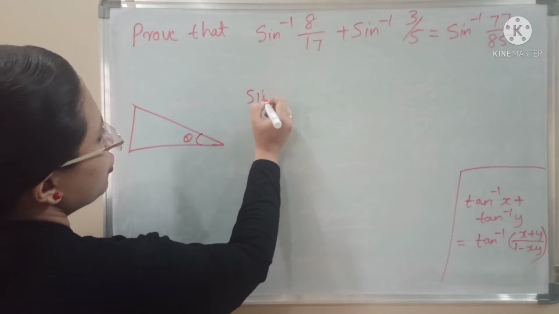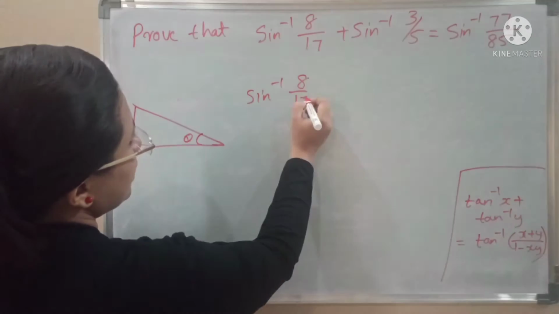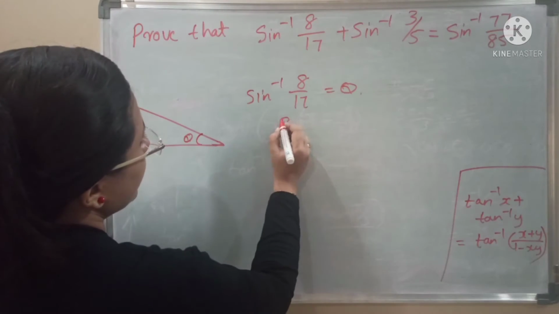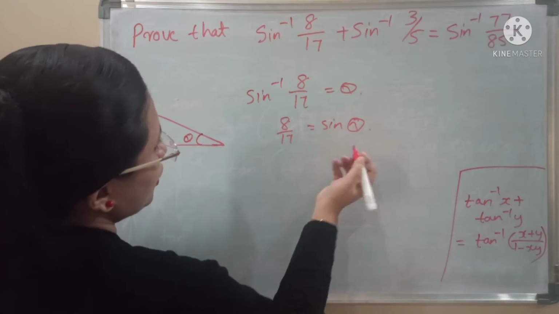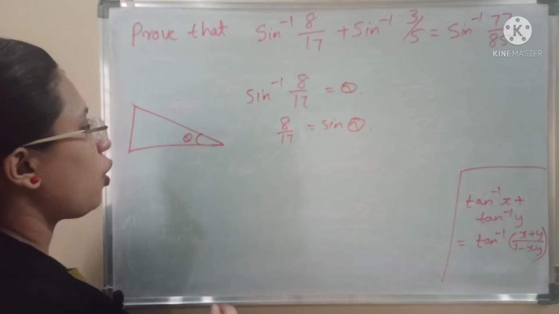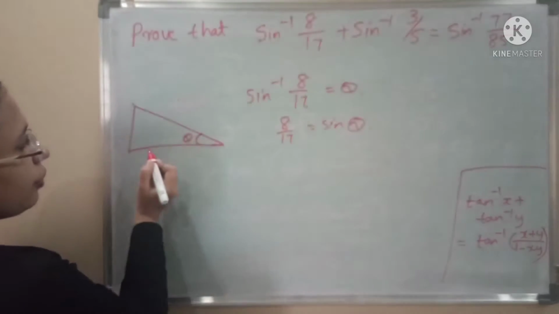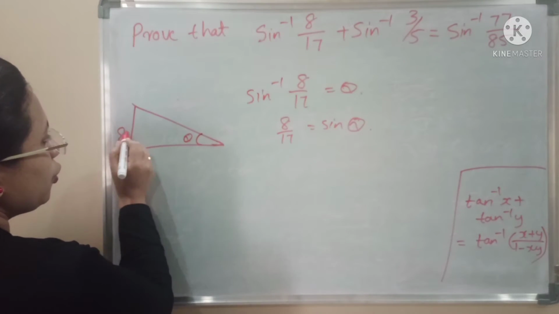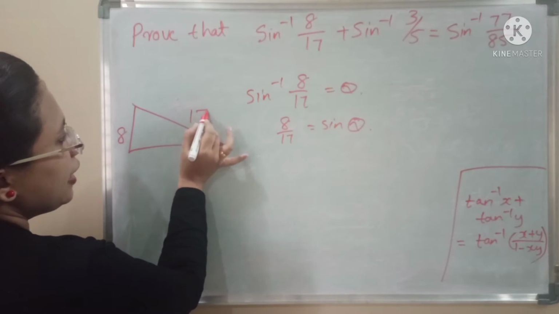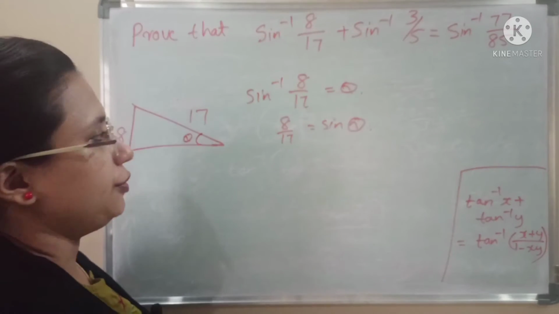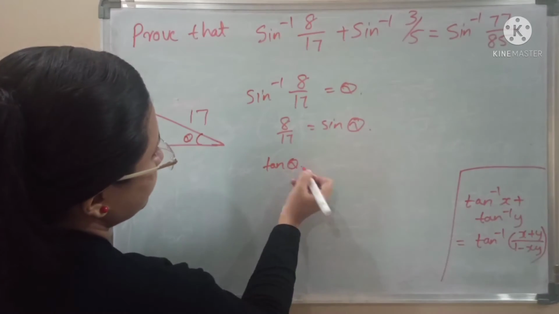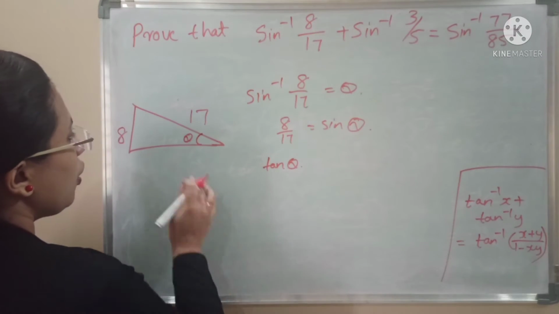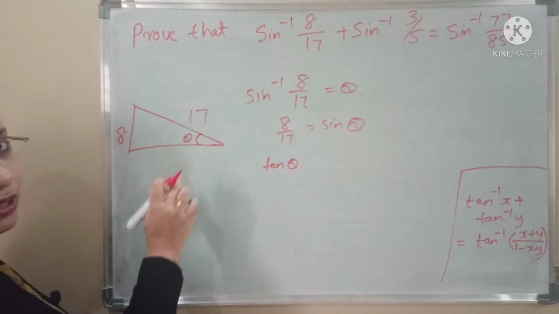Suppose sine inverse 8/17 equals theta, then 8/17 will be sine theta. Sine means opposite side divided by hypotenuse. So the opposite side is 8 and the hypotenuse is 17. And we know what tan theta is. Tan theta is opposite side divided by adjacent side.